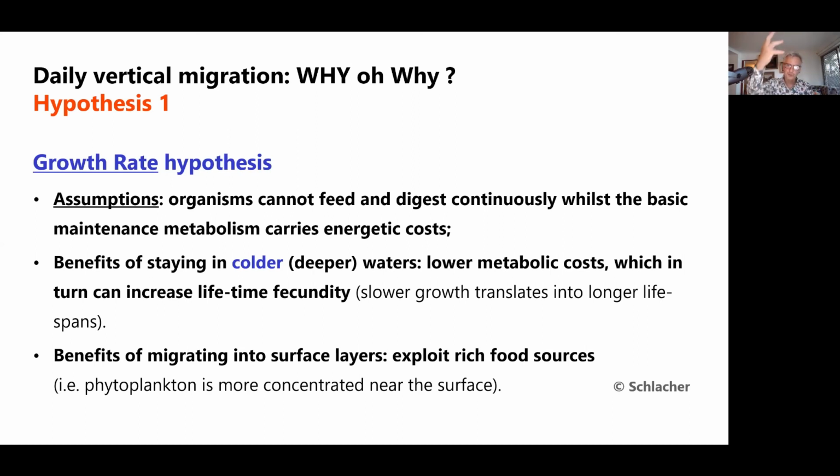And of course, you want to go into the surface layer because that's where all the productivity happens. So that's where you can exploit the rich food sources. So what we have here is a migration based on energy expenditure.